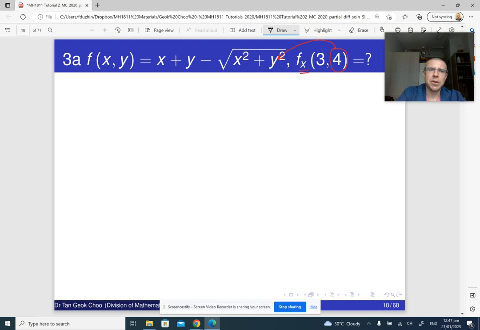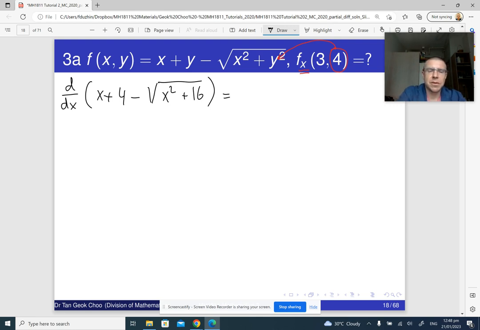So doing that, we will get d/dx of x plus 4 minus the square root of x squared plus 4 squared, which is 16. This is just something familiar from calculus 1.